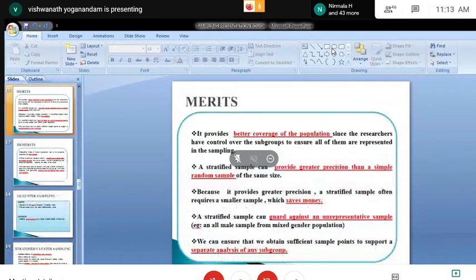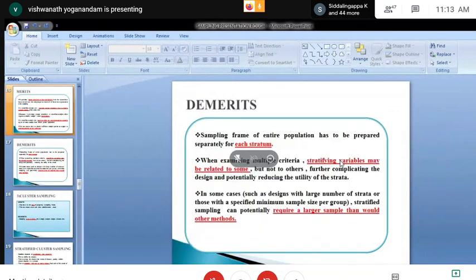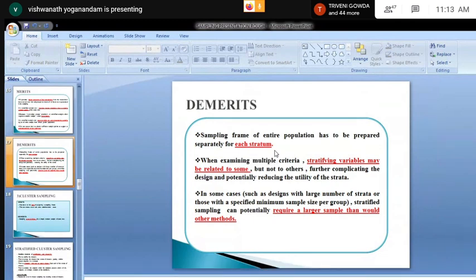The merits: it provides better coverage of the population, greater precision, it saves money, and you can do separate analysis for any subgroup also. The demerits: you need a sampling frame for each stratum. And when examining multiple criteria, stratifying variables may be related to some but not to others.